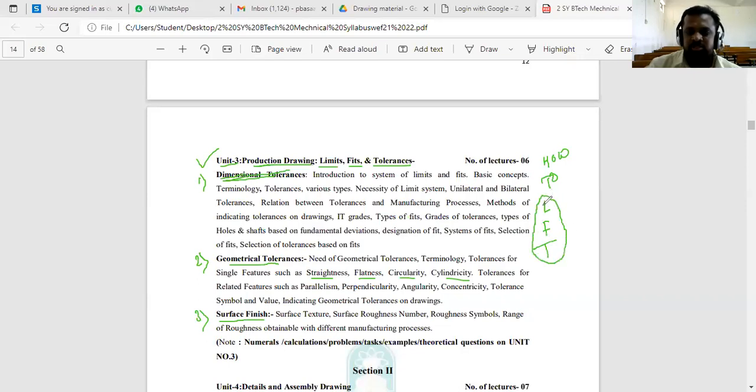The students will also get information regarding the surface roughness symbol, and the meaning of each and every term.